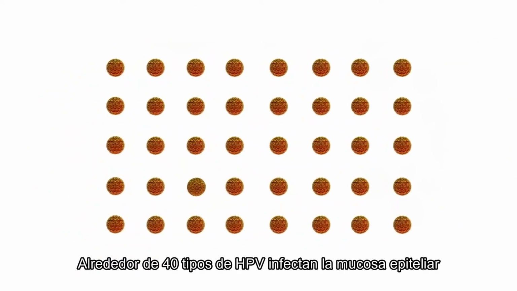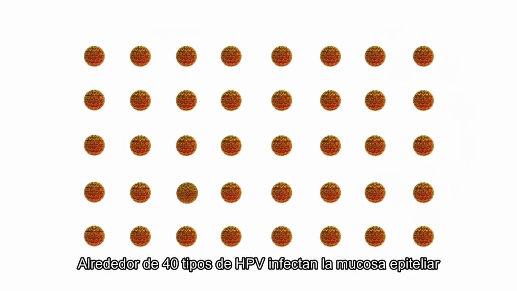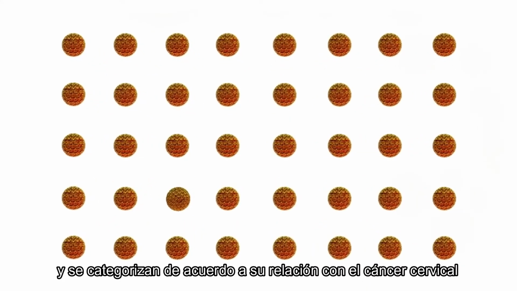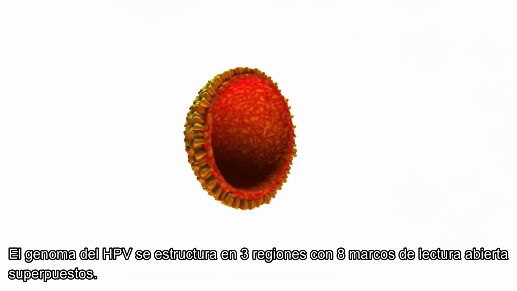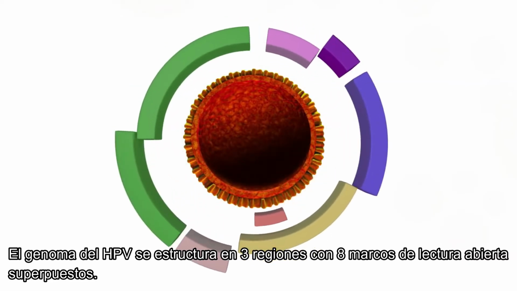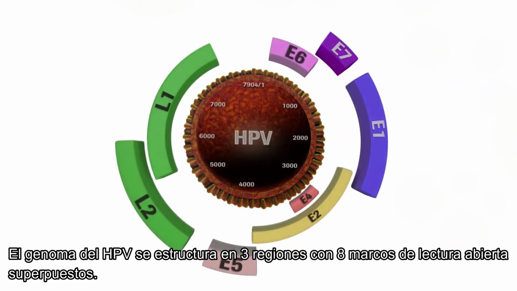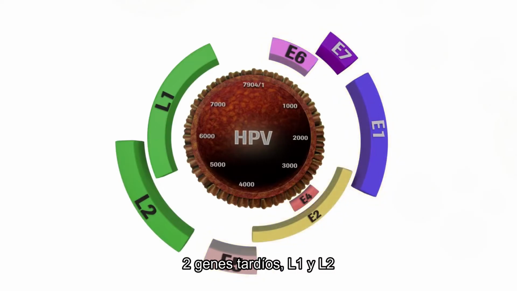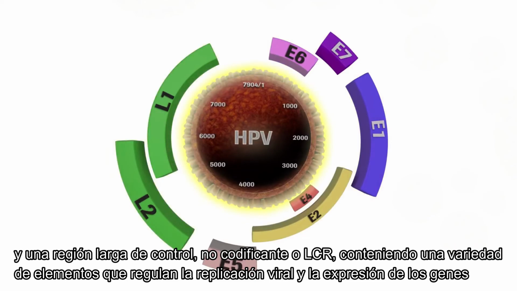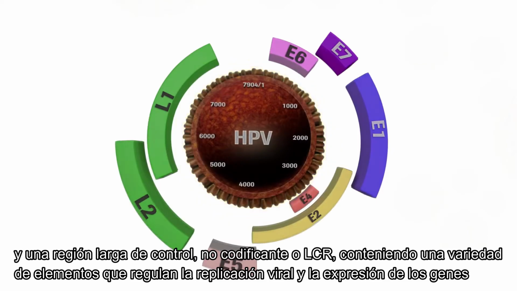About 40 types of HPV infect the mucosal epithelium and are categorized according to their association with cervical cancer. The HPV gene structure, or genome, is organized into 3 regions with 8 overlapping open reading frames: 6 early genes, E1 to E7, 2 late genes, L1 and L2, and 1 non-coding long control region, or LCR, containing a variety of elements which regulate viral replication and gene expression.